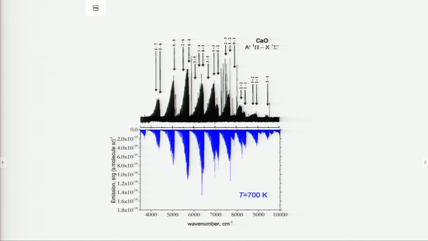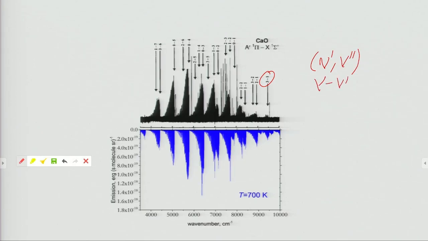These are vibrational bands, and quite often you write these as V prime, V double prime. They've written them as V prime, V double prime. So 3 to 1, 2 to 1, 3 to 2, etc., going across the spectrum.